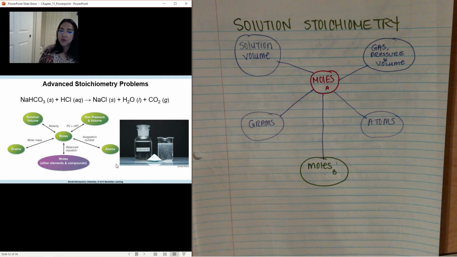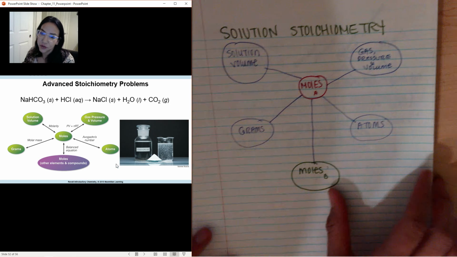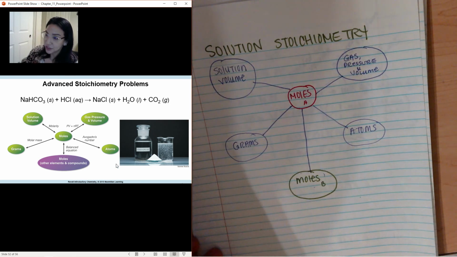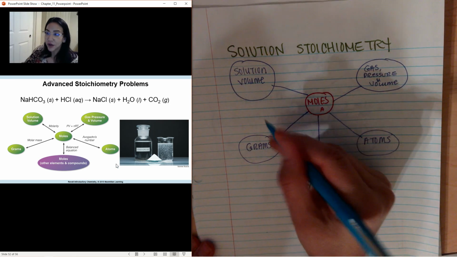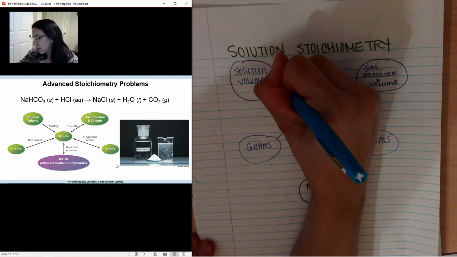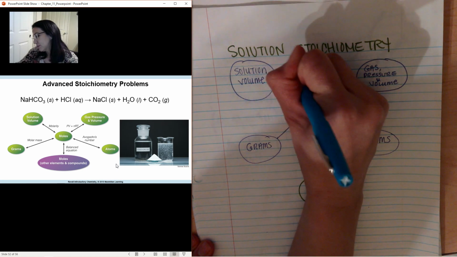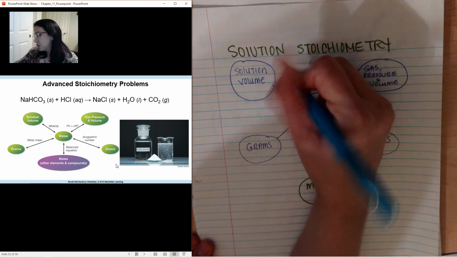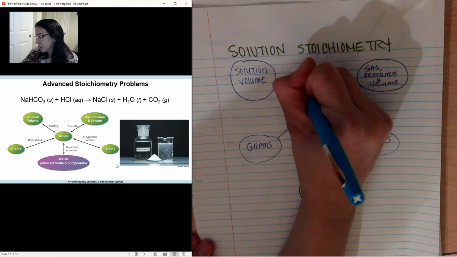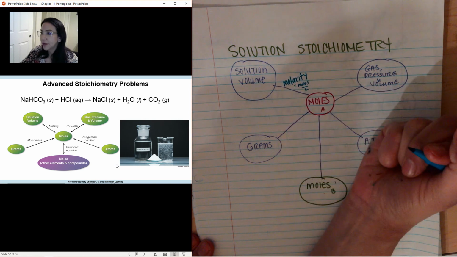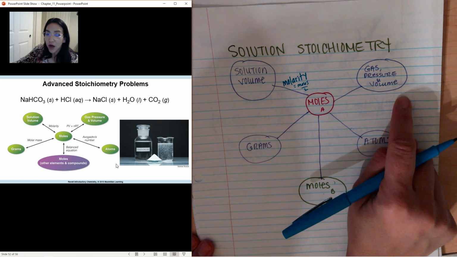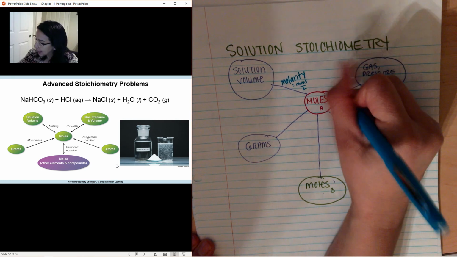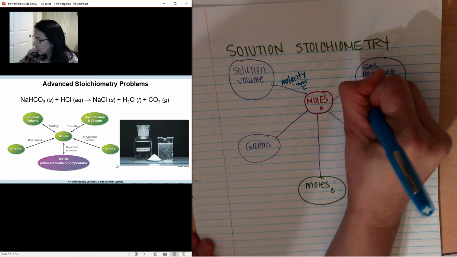All right, so when we're looking at our stoichiometry problems, we have this beautiful flowchart that I want you guys to create with me. From moles of A, we could figure out the solution volume using molarity, which is basically moles per liter, right? We could figure out the gas pressure or the volume using the ideal gas law, PV equals nRT.